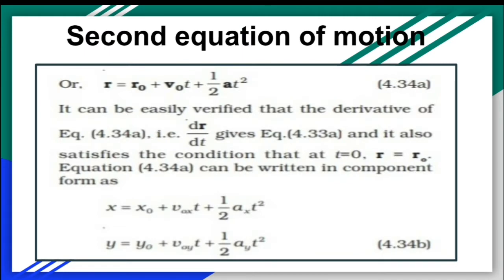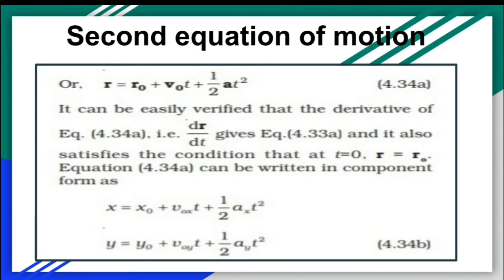Okay, now coming to the second equation of motion. In vector form, the second equation can be written as, so we know in one-dimensional motion the equation is x minus x0 equal to v0 t plus half a t square. So instead of x minus x0, we can write vector r minus vector r0 equal to v0 t plus half a t square.